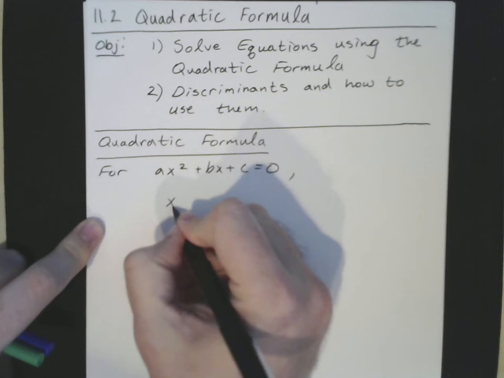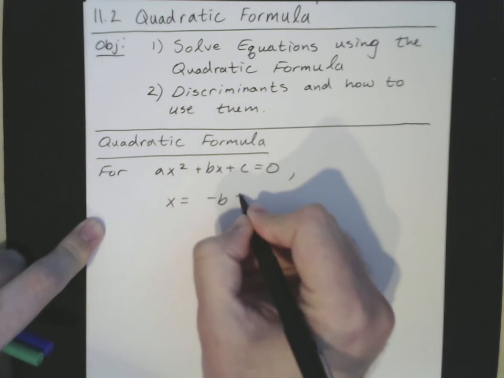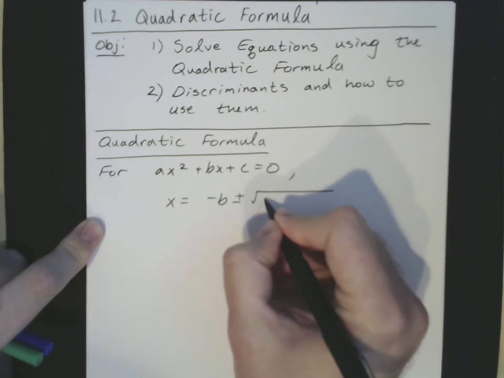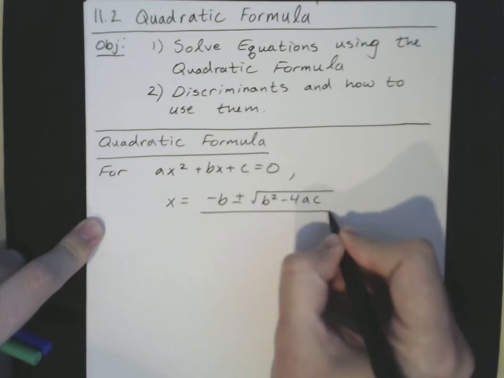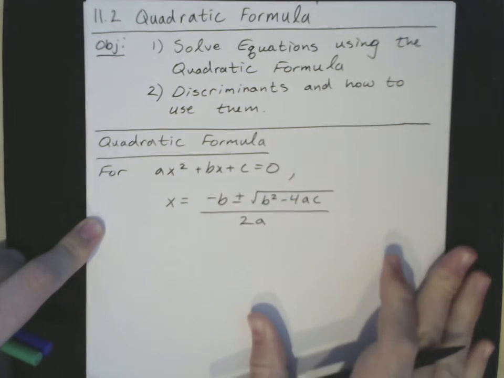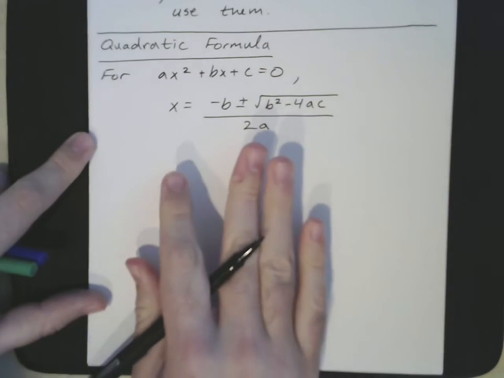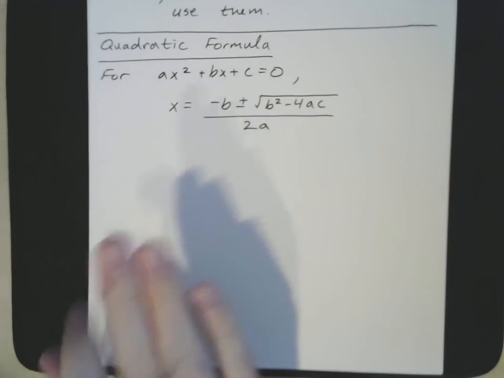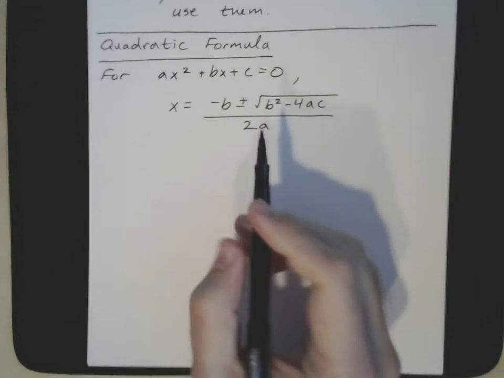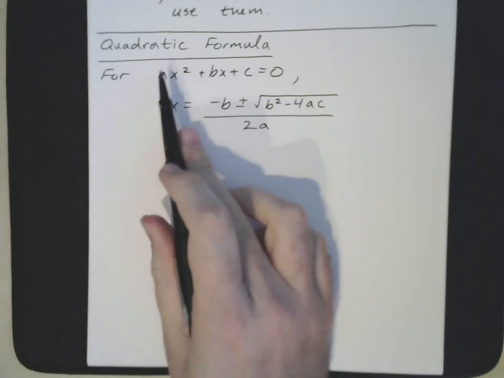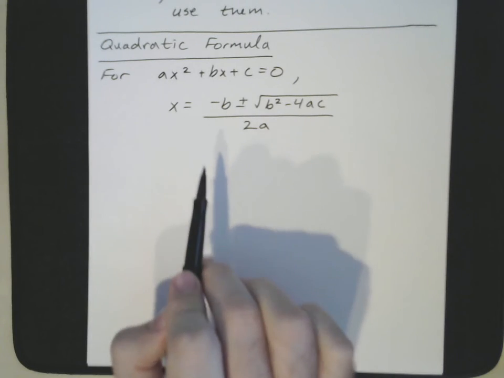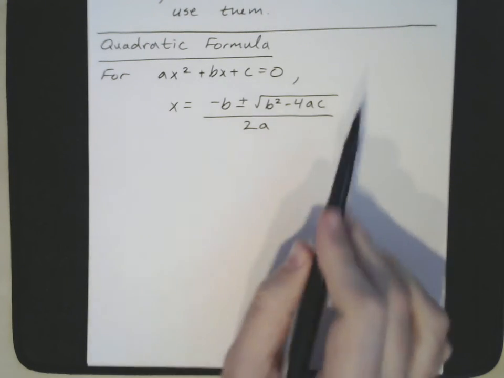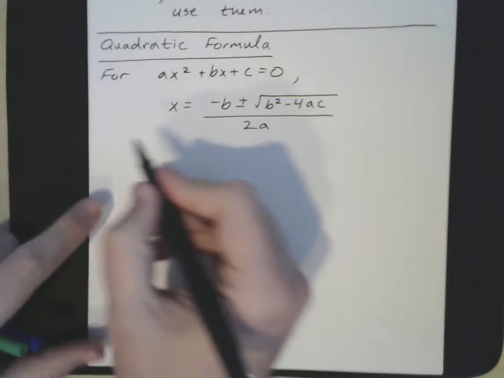Then we know that x is going to be negative b plus or minus the square root of b squared minus 4ac all over 2a. And we showed in the last video where this comes from. Remember, it comes from completing the square on this general quadratic equation, and if we solve that after completing the square, that's where our quadratic formula comes from.